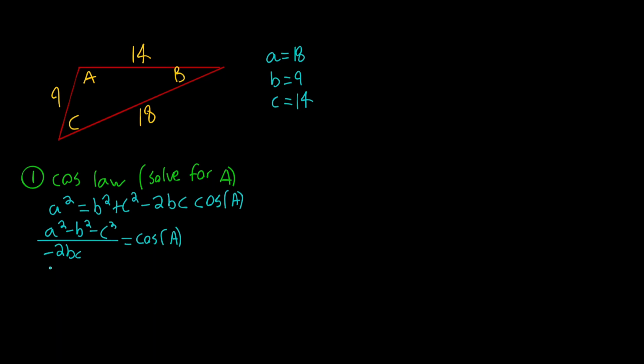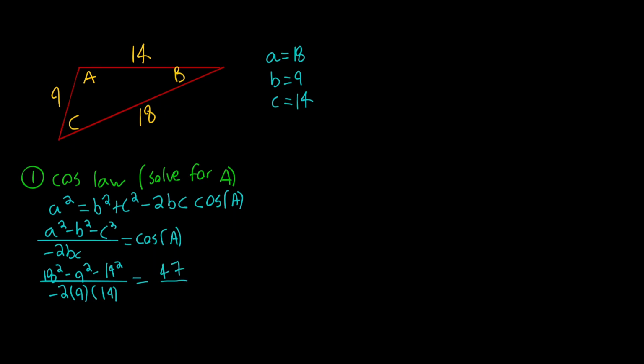So up top, that's going to give me 18 squared minus 9 squared minus 14 squared divided by negative 2 times 9 times 14, which is going to be equal to, on the top, we're going to be left with a value of 47.